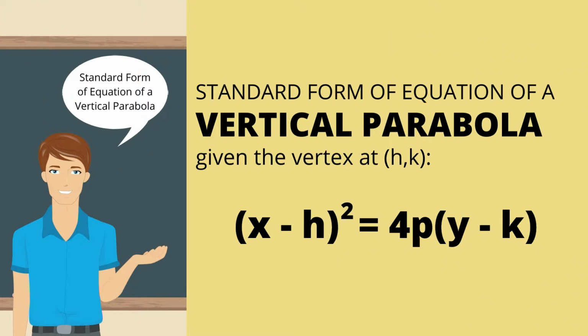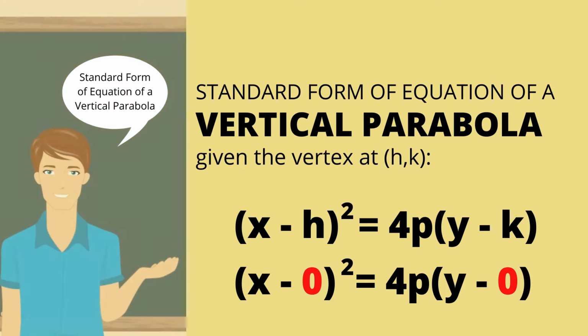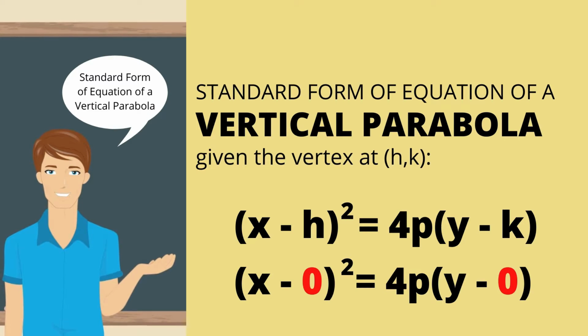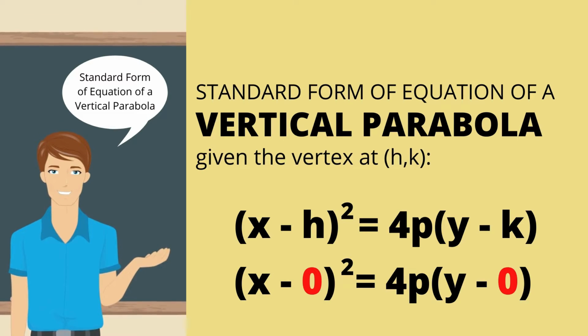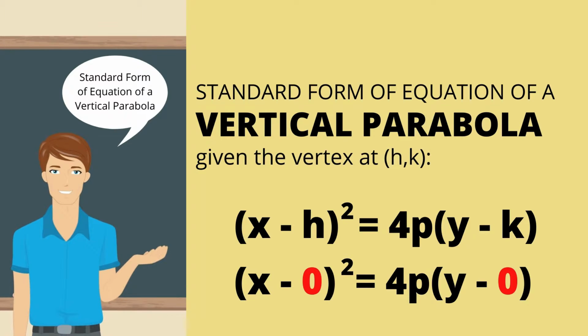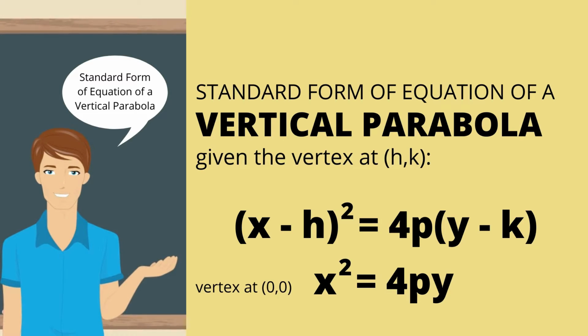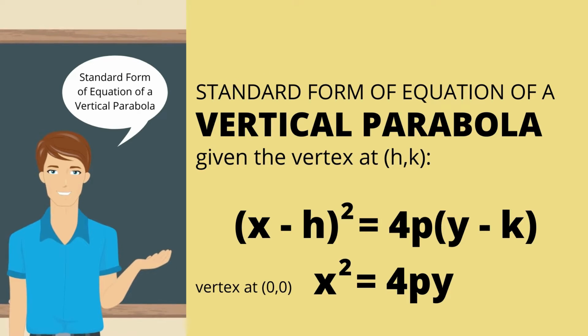Going back to the equation of a vertical parabola whose vertex is at (0, 0), it can be said that its standard form of equation came from (x minus 0) squared equals 4p(y minus 0), which when simplified is x squared equals 4py.